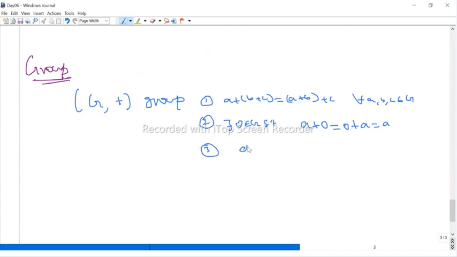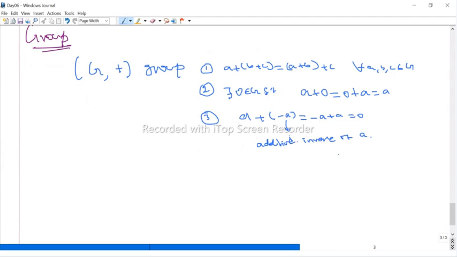Third is the inverse: A plus (minus A) equals (minus A) plus A equals 0. Then we say minus A is the additive inverse of A. A set together with this operation satisfying these three properties is a group (G, plus). Suppose the group satisfies the extra condition A plus B equals B plus A, the commutative property, then we say it is an abelian group. This is just a quick introduction of a group.